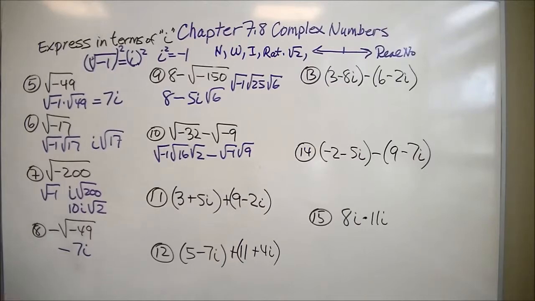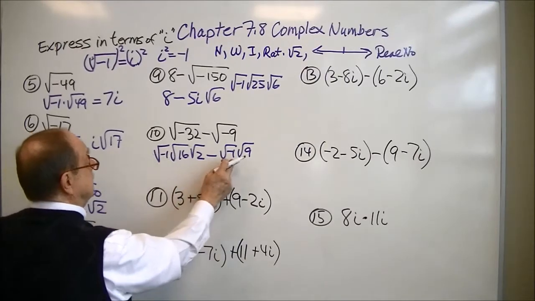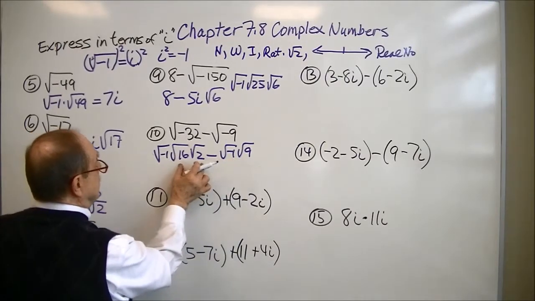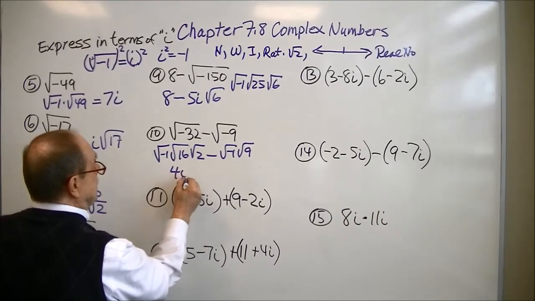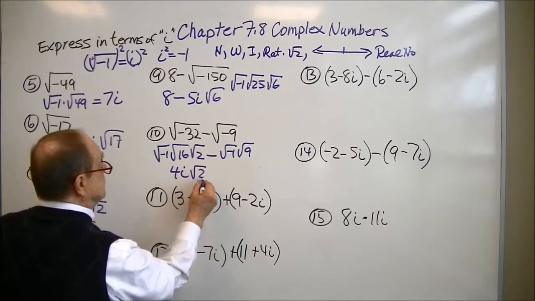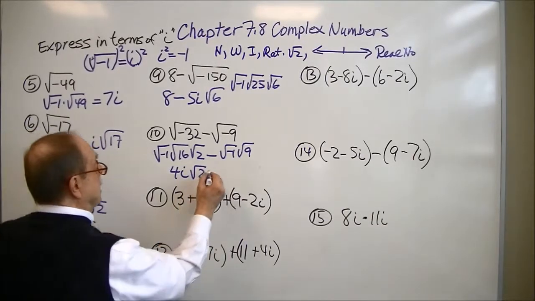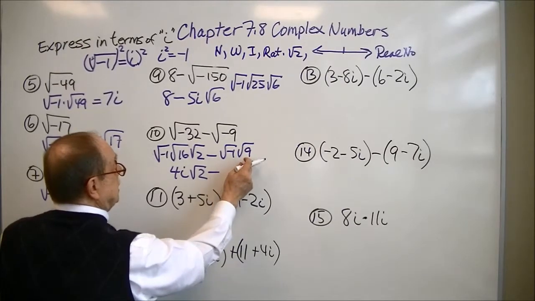So I'm trying to give you, again, a strategy of how we got to different places. We just know that this is an i and this is an i. So over here we have 4i the square root of 2 minus 3i.